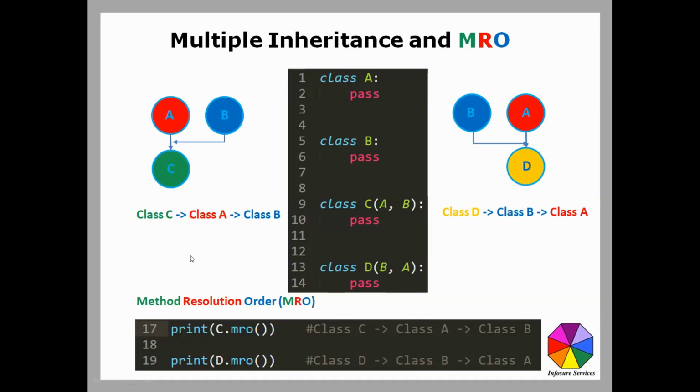And you print that with C.MRO and D.MRO. So this is a case of multiple inheritance.